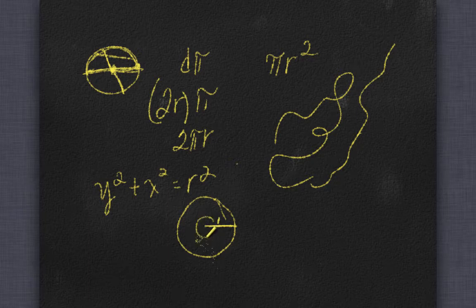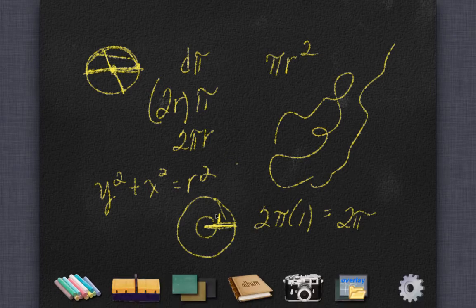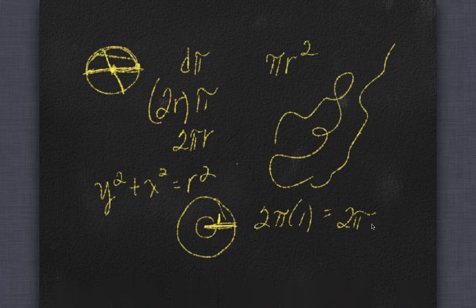So if this is all 360, then a circle of radius 1 has circumference 360. Well, it doesn't. A circle of radius 1 has 2 times pi times 1 as its circumference. So if math is going to be accurate, then the sum total of the measures, instead of 360 degrees, should be 2 pi. So this is what radians does.